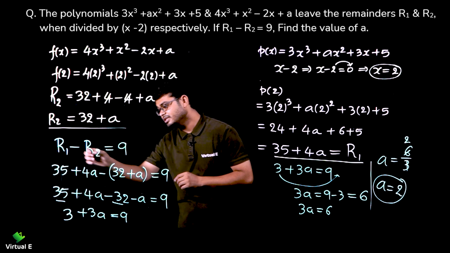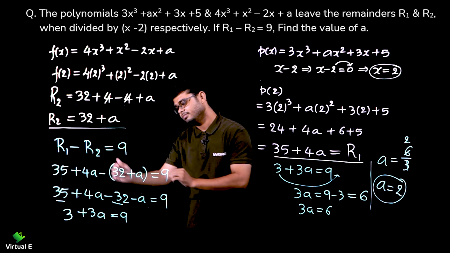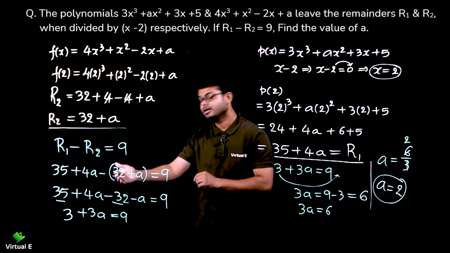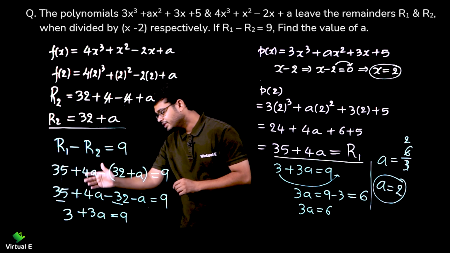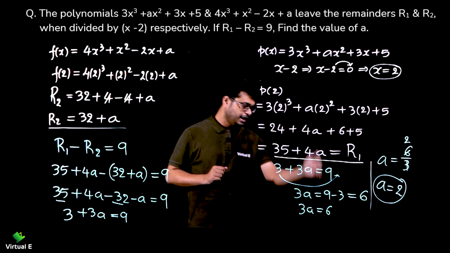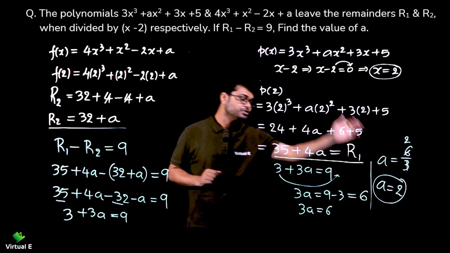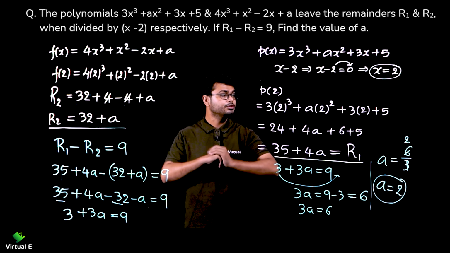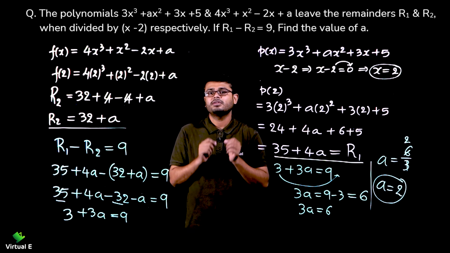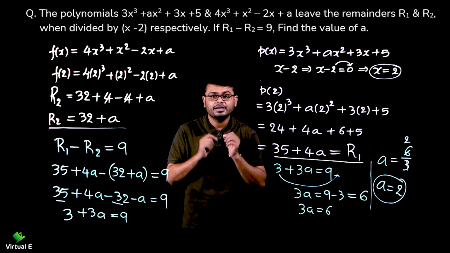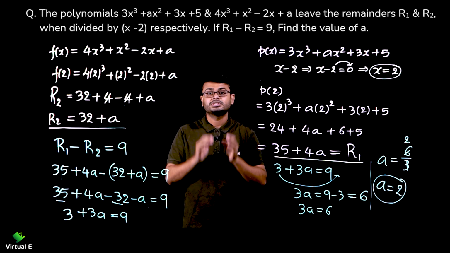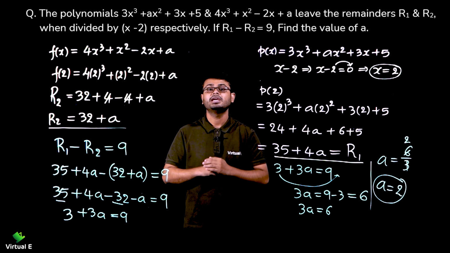Remember, if it is minus, be careful about the bracket because you are supposed to change the sign of both terms. Then solve it as a linear equation and get the value of the unknown, which in this case is 2. So this is how we solve sums related to the remainder theorem and unknowns related to that. Let's move to the next topic.